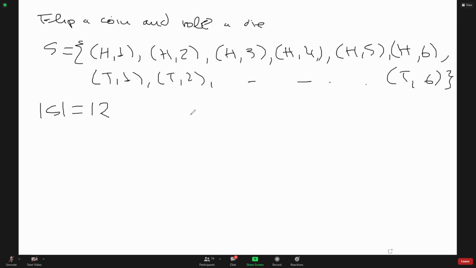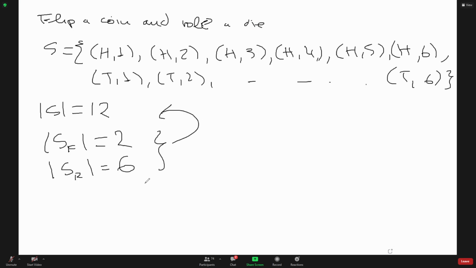But is there another way? So what is 12? What was the cardinality for flip a coin? 2. And for roll a dice? 6. So what is 12? It's 2 times 6, right?